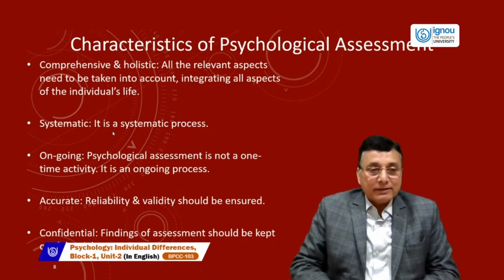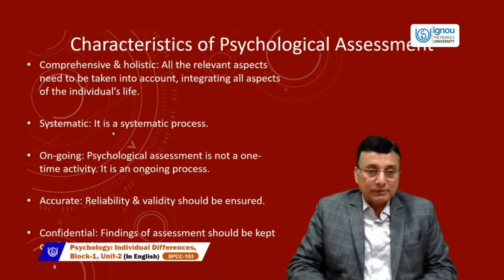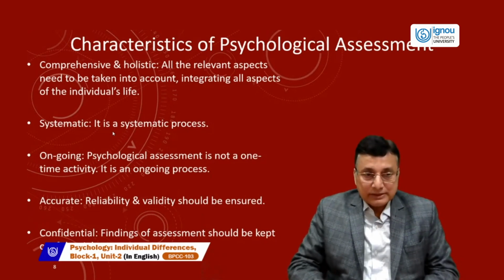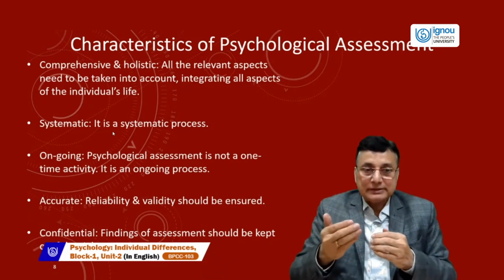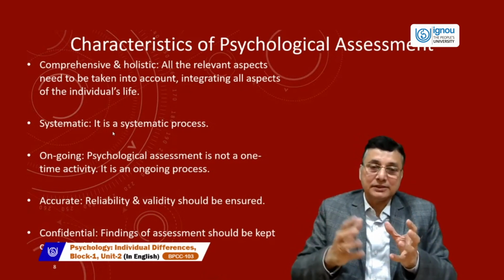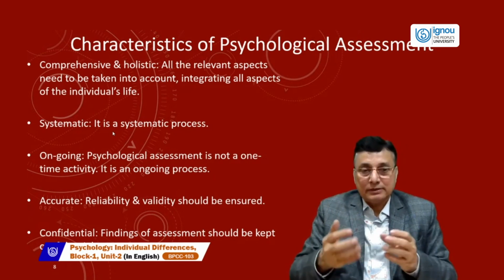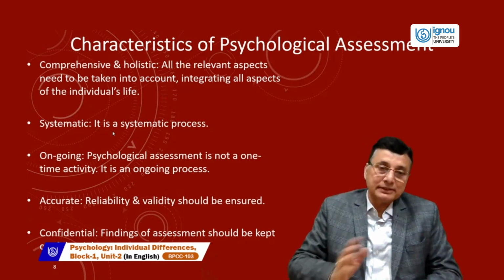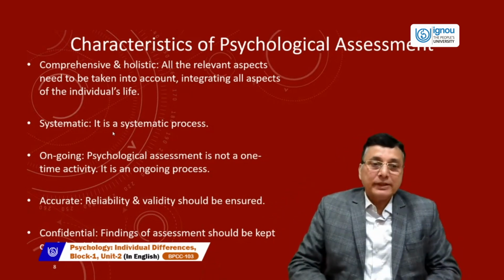Sometimes we have to repeat the assessment to see if there is any change in a particular thing. Sometimes we assess whether there is a change in psychopathology due to intervention, psychopathology reduced, or due to some stressor, psychopathology increased. We have to see improvement in terms of intervention, so we assess the effectiveness of intervention also. That's why this is an ongoing process.